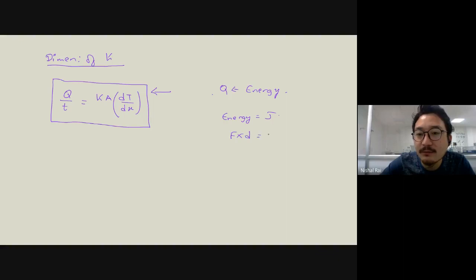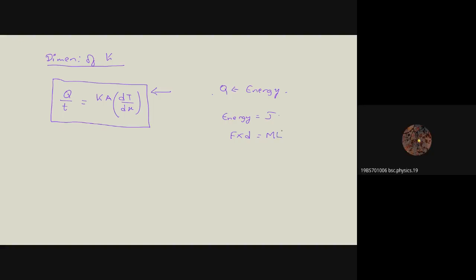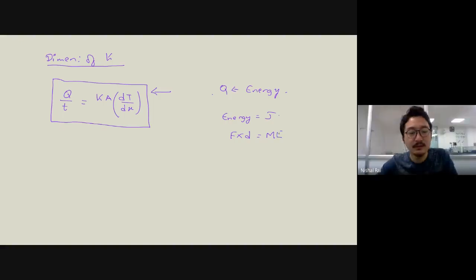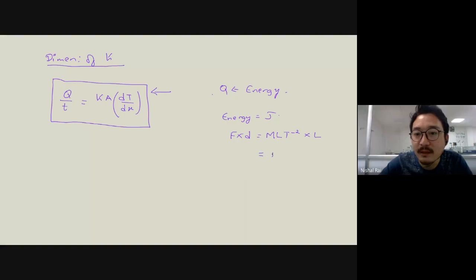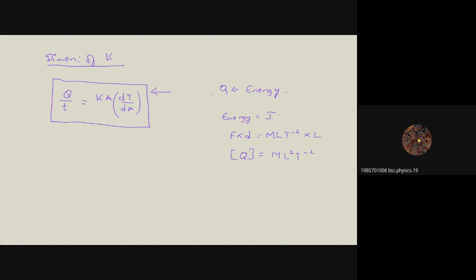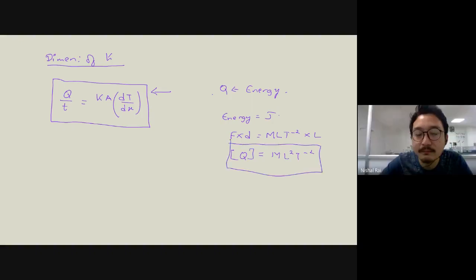The dimension of force is mass into acceleration, so mass into length into time inverse square, into again length. So M L squared T minus 2. This is the dimension of your heat. Is this point clear?